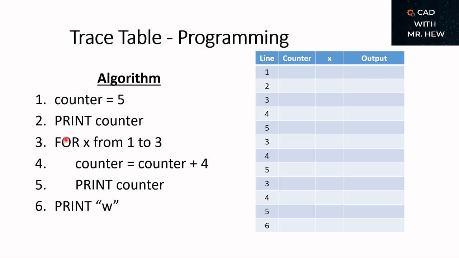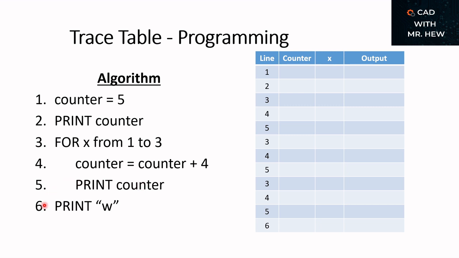Then line 3 is a for loop, right? It says for x from 1 to 3, do these 2 steps of instructions, which is counter is equal to counter plus 4, and in line 5 it says print the variable counter.